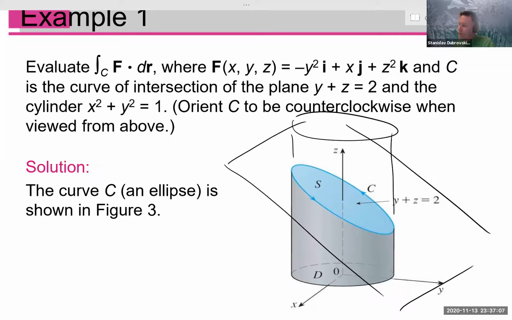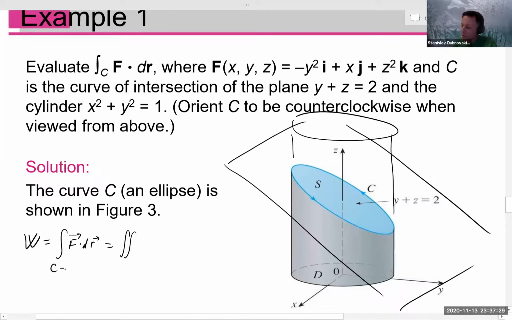But why don't we use Stokes theorem to calculate the work here? So the work, which is F dR, can be found using Stokes theorem. That is, we can come up with a surface of which this curve is a boundary. And we have to mind, of course, the orientation.